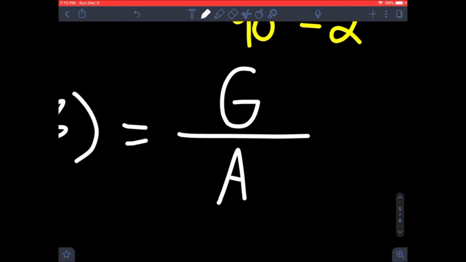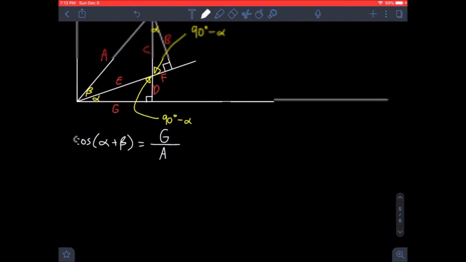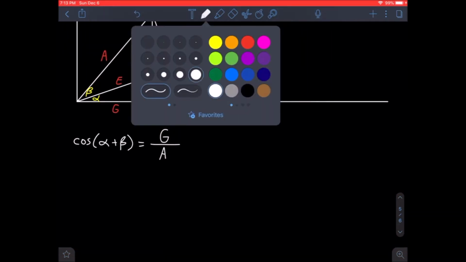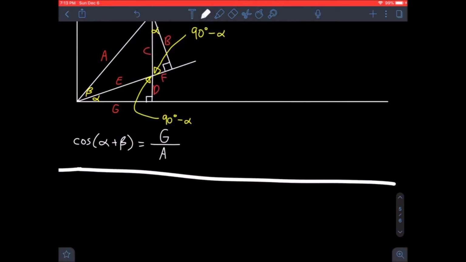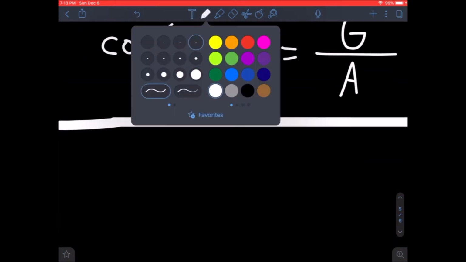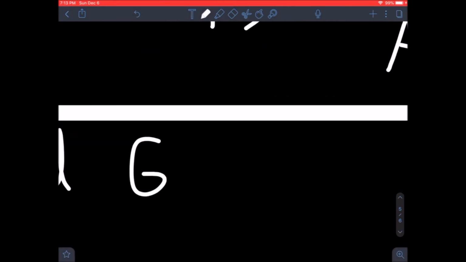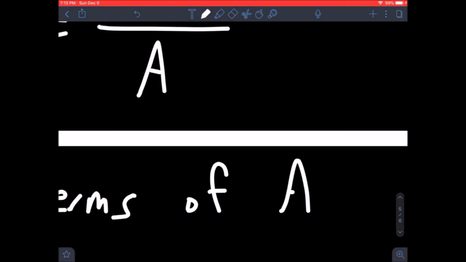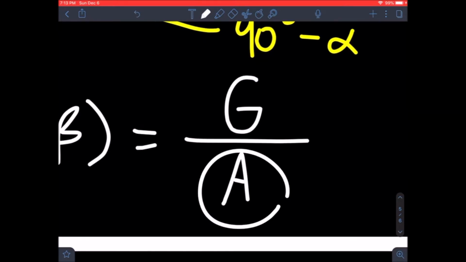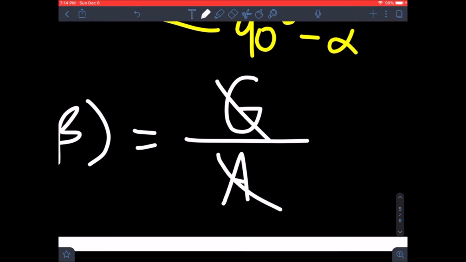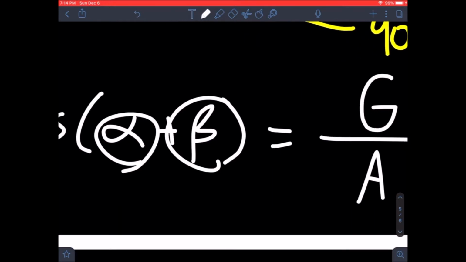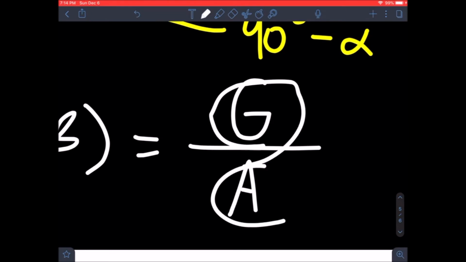The way we're going to do that is to write G in terms of A. If we do that, then A can cancel out with A up here, because G is going to be in terms of A. We'll get G and A to cancel out, and we'll be left with alpha and beta, because we're trying to get side lengths to cancel out.